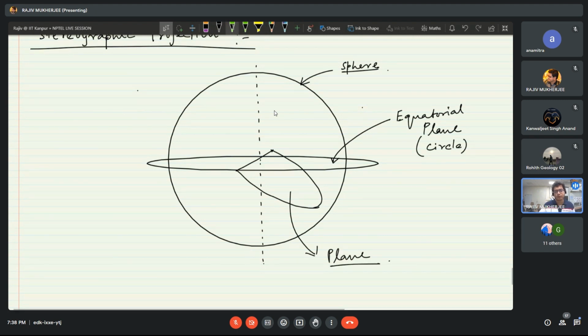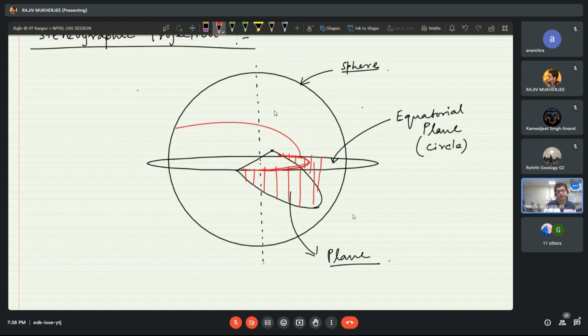Now the plane is intersecting with this sphere. If I project all the points lying on this plane and then join them, we might get an arc like this.